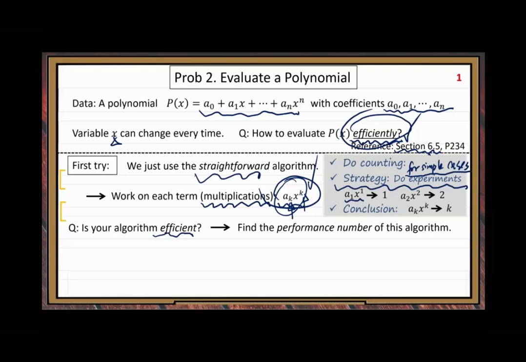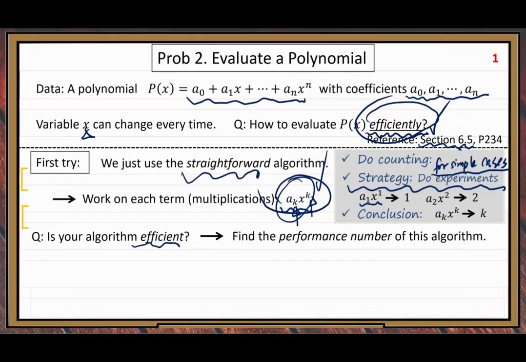But there is another thing. When you talk about efficiency of some algorithm, how do you measure it? Here we want to study the efficiency, and the question is, how do we study it?